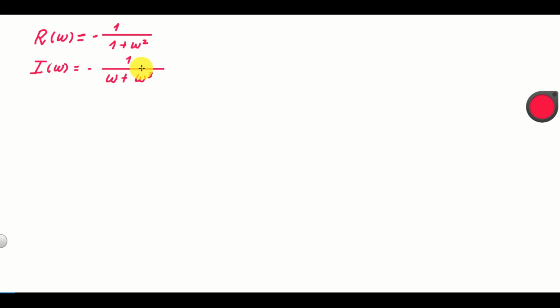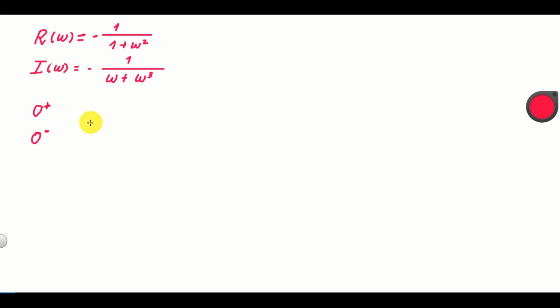Before I start with sketching of the Nyquist plot, I need to introduce a new notation. Namely, in the sequel, you will often see this notation, 0 with the plus sign in the superscript and 0 with the minus sign in the superscript. So what is 0 plus? 0 plus is a small positive number.